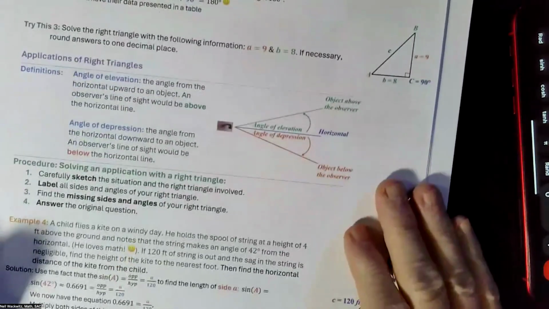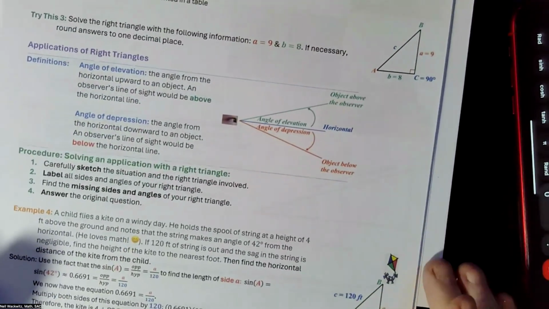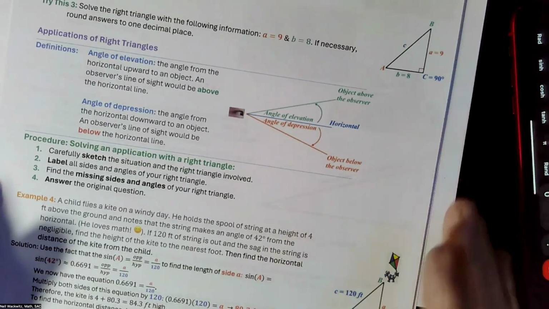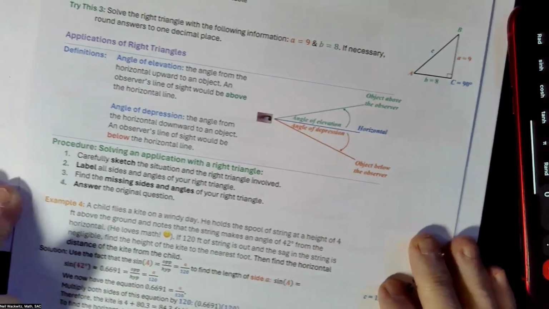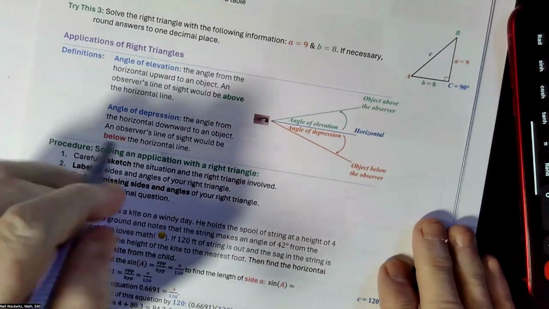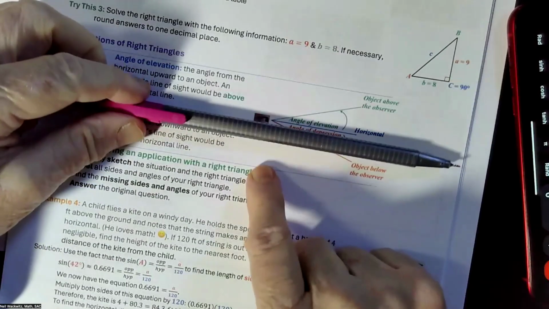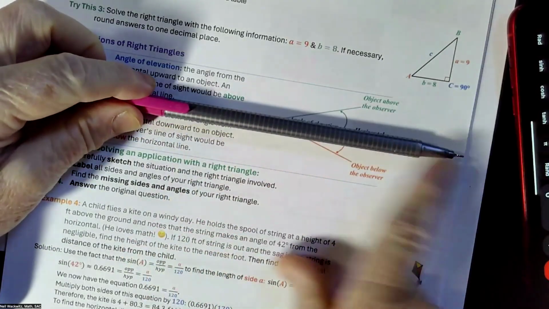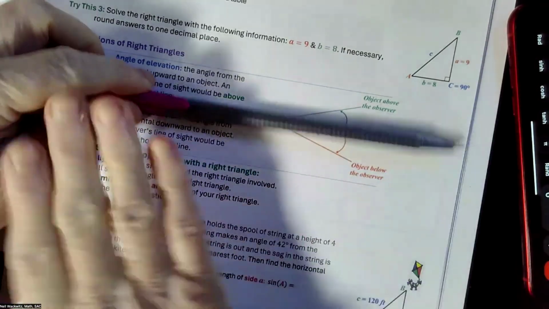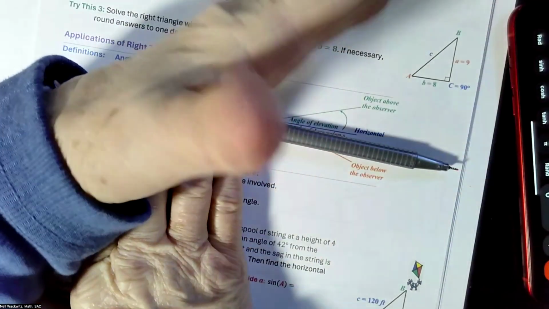Now we're going to look at the main reason you do these right triangle problems, which is applications, because there are so many. The angle of elevation, if you look at something, here's your eye line. The angle of elevation is the angle above your eye line.